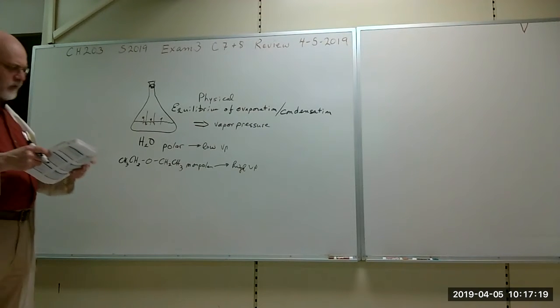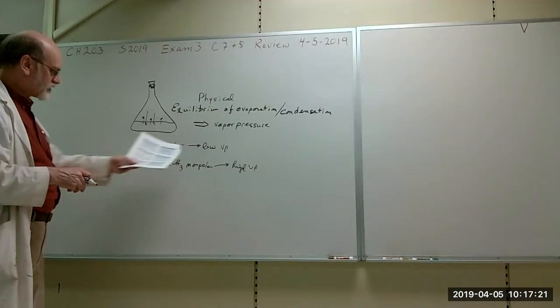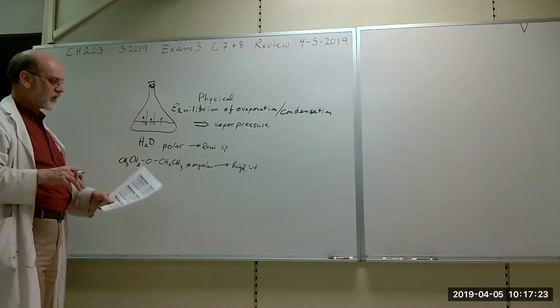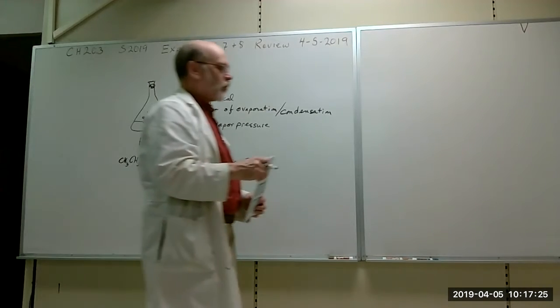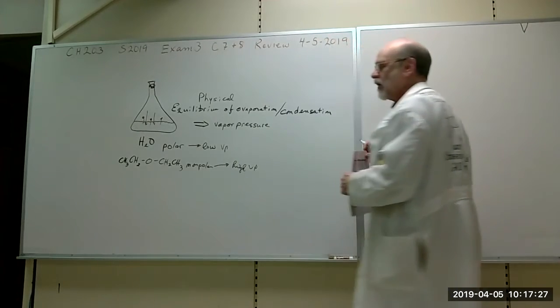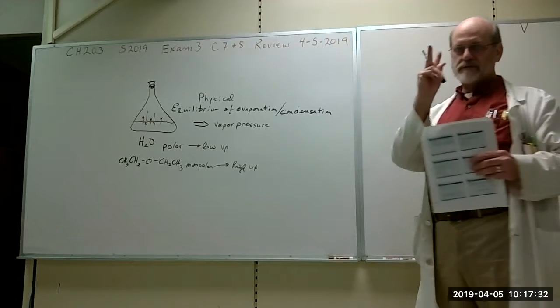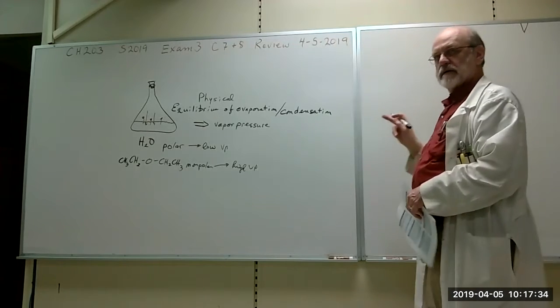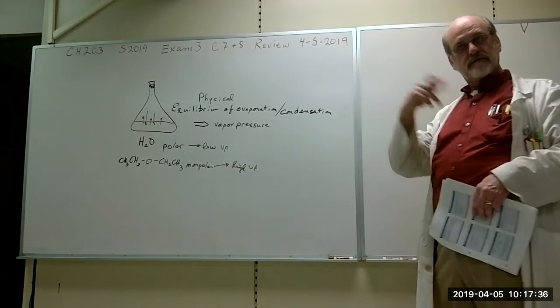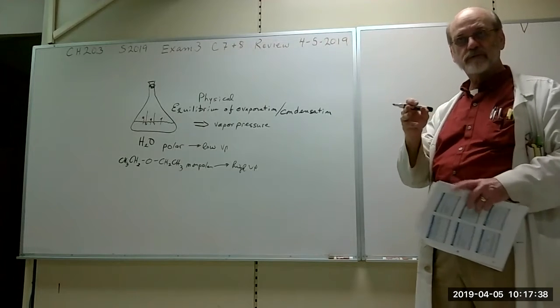So what kind of forces? I mentioned polar and nonpolar, and we did talk about those. So what does it take for a molecule to be polar? Two things. The bonds in the molecule have to be polar.